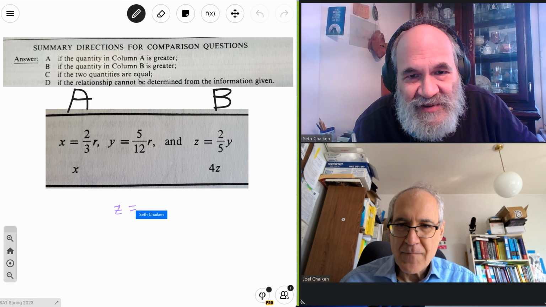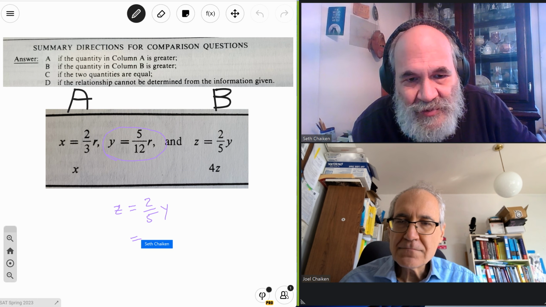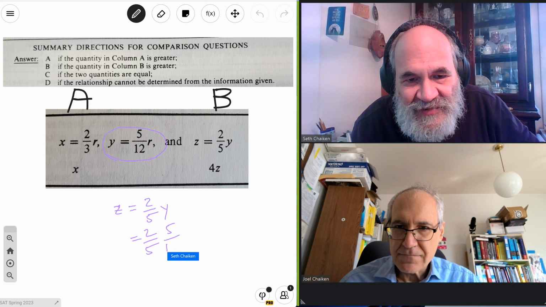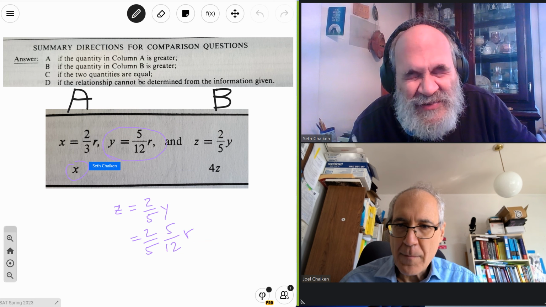We're given that z is equal to 2/5 y. Y is given by 5/12 R. So that's equal to 2/5 of 5/12 R. Right. And then we're interested in X. So we could solve for R in here.